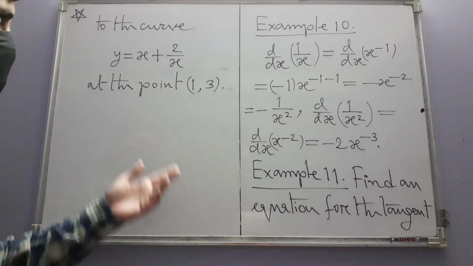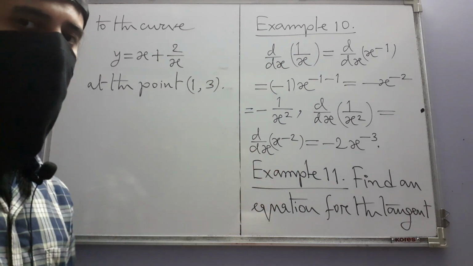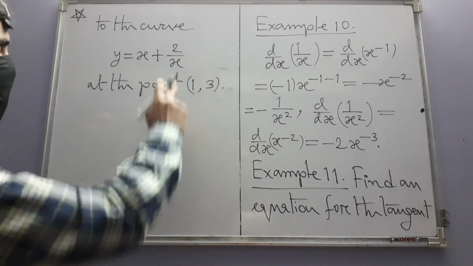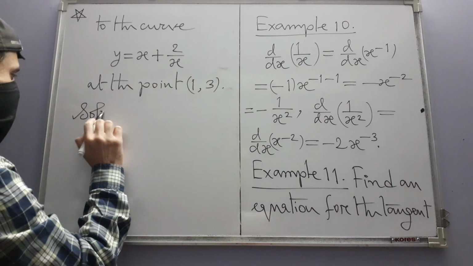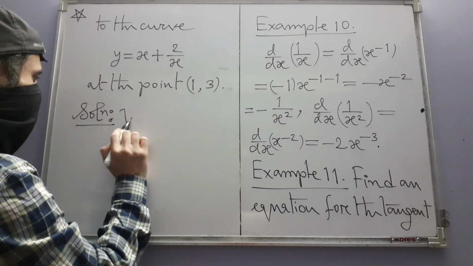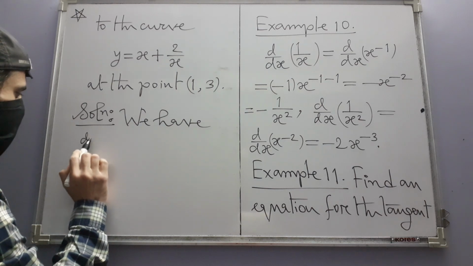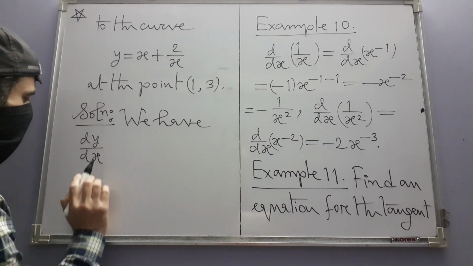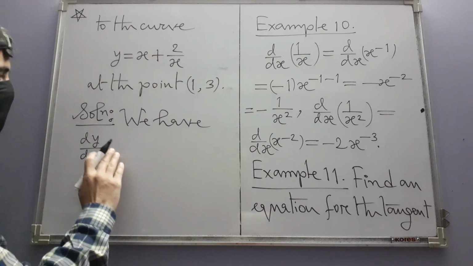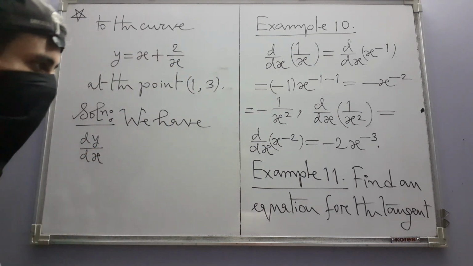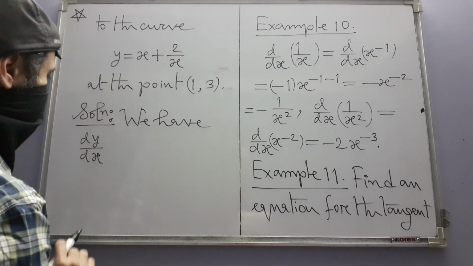So it's understandable why this function has been chosen. Curve means it's a function, so the curve is the geometric representation of the function because we have 2 over x. We have dy dx. Ideally we should write we are given the curve this and then we write differentiating this with respect to x. You can write those things, okay, but we are getting to the main thing straight away.